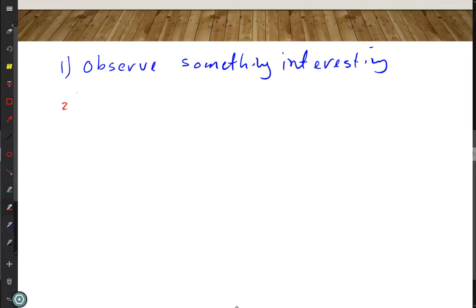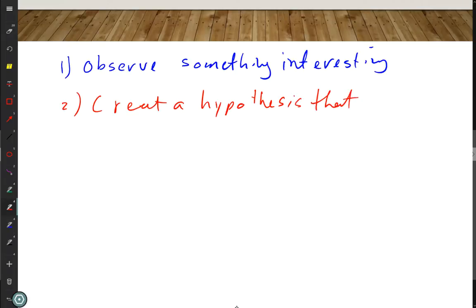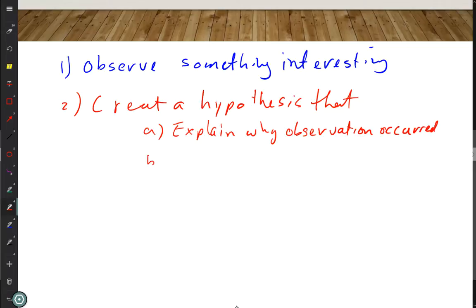And step 2 is create a hypothesis that... and what are the 3 things it has to do? Okay, explain why the observation occurred. I heard that one from Brittany. I know that there was at least one other answer out there. What's another one?